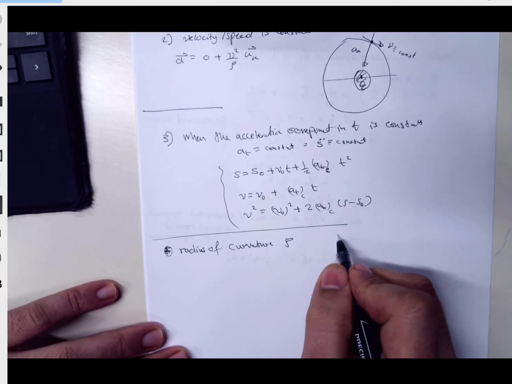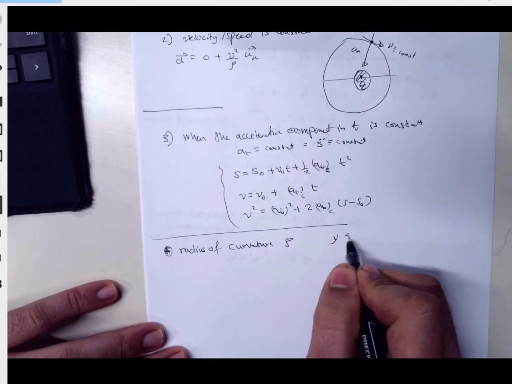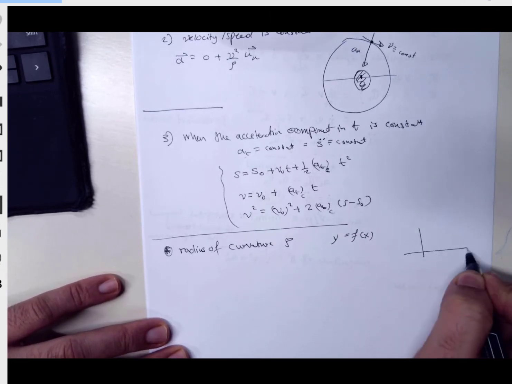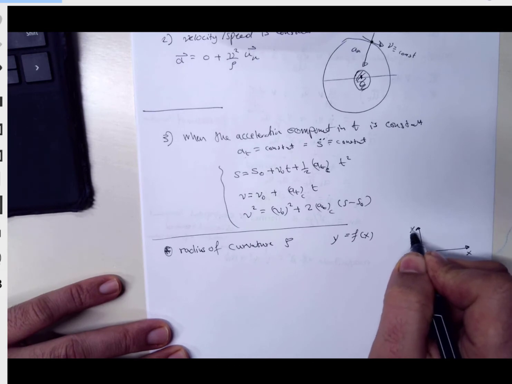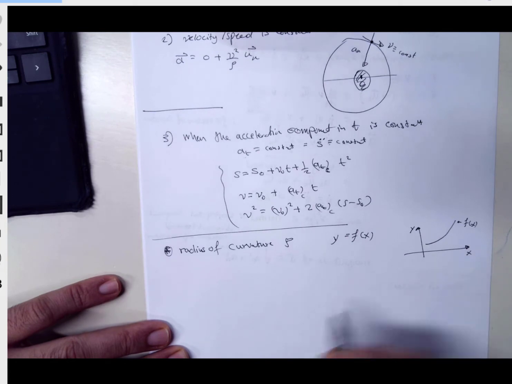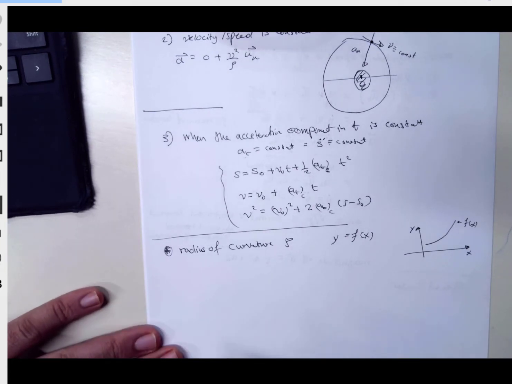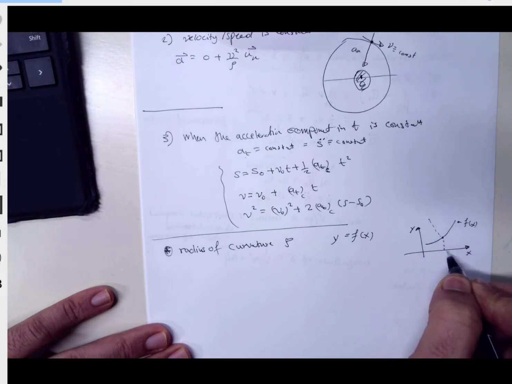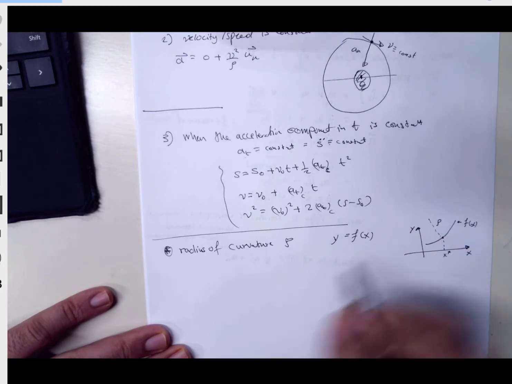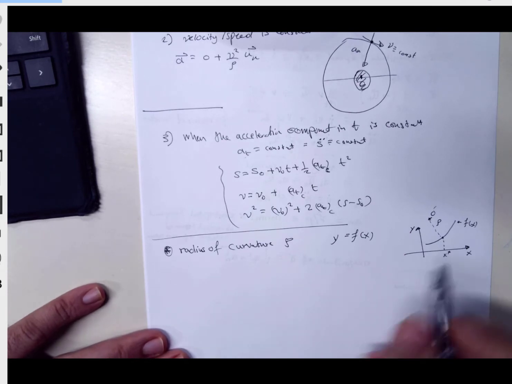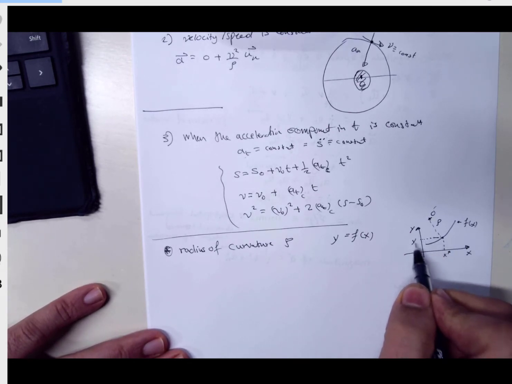Let's say we have a function given as y equals f of x, and I'm interested in calculating the radius of curvature at this location, x star, y star.